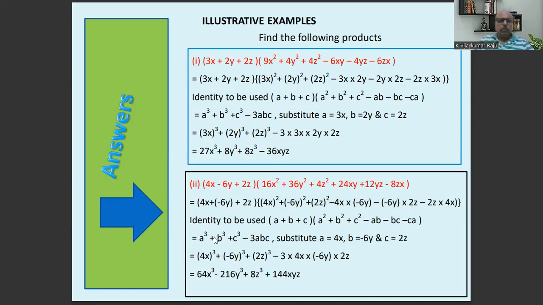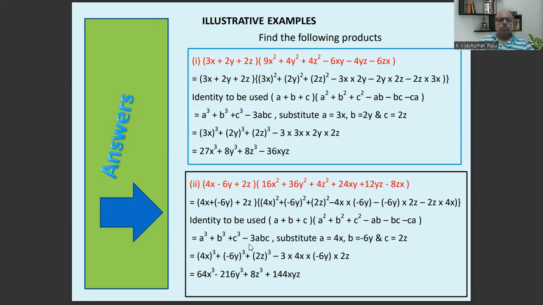The identity which is used is this: a raised to 3 plus b raised to 3 plus c raised to 3 minus 3abc, where a is 4x, b is minus 6y, c is 2z. So it is 4x whole cube plus minus 6y whole cube plus 2z whole cube minus 3 into 4x into minus 6y into 2z. 4 4s are 16, 16 4s are 64x cube.